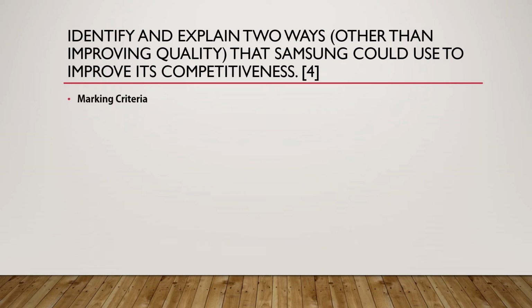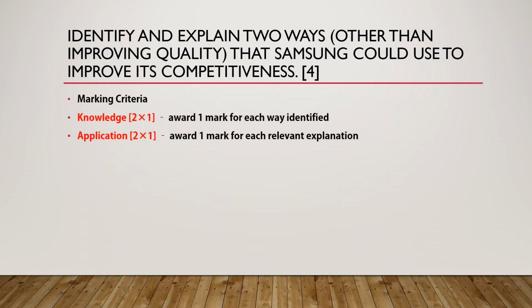Okay. So the marking criteria for 4 marks questions are these. There are 2 marks for writing the knowledge or the content, and 2 marks for application. That means writing a relevant explanation.